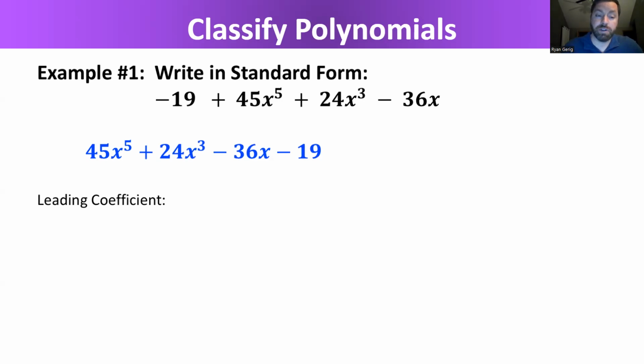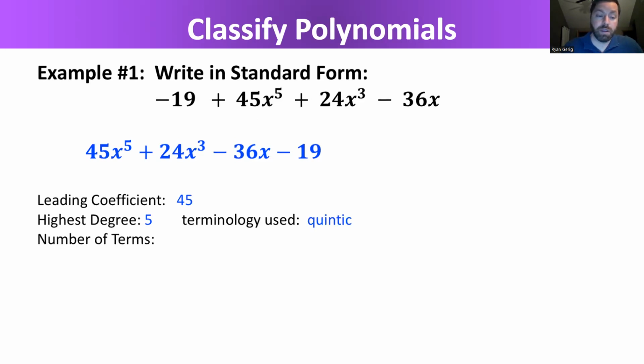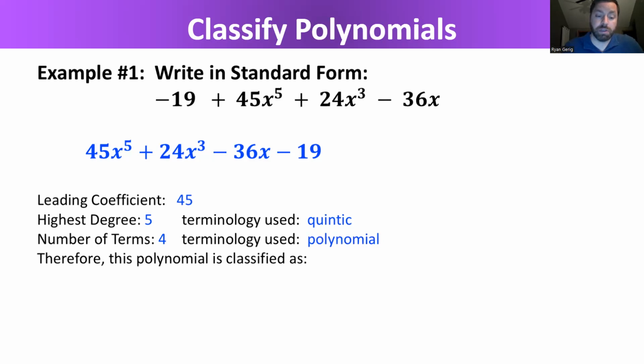My leading coefficient is the coefficient in front, which is 45 here. My degree is 5, which means I call this a quintic polynomial. Okay, so how many terms does this have? You see 4. We use the terminology of 4 or more terms as a polynomial. So we would say this polynomial is classified as a quintic polynomial.